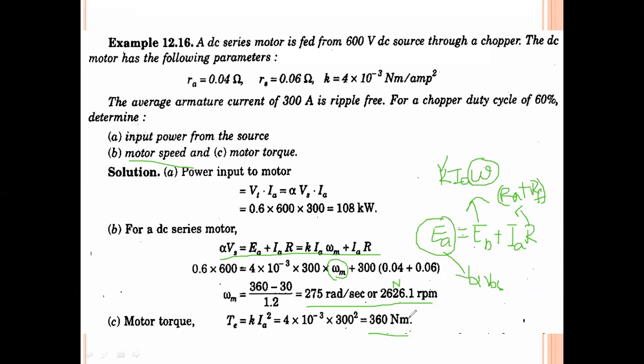Okay, this is how we can calculate the input power, motor speed, as well as the motor torque for the given parameters. Here, it is a DC series motor, so the total resistances will be added. Remember this. Don't forget which type of motor is given.